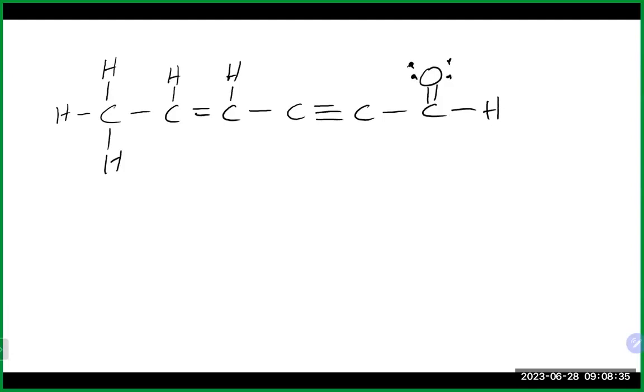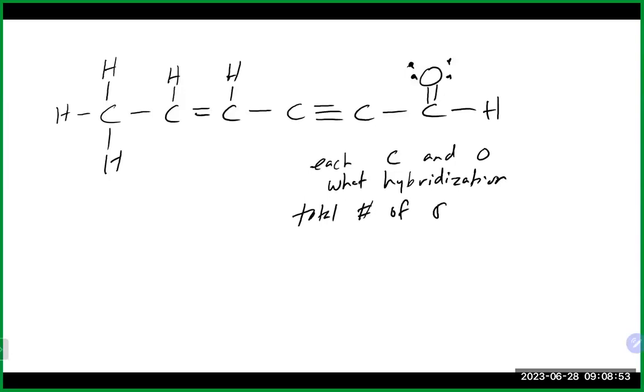All right, so what I'd like you to do for each carbon and oxygen there: what is the hybridization? And what is the total number of sigma and pi bonds in the molecule? All right, go for it. See what you come up with.